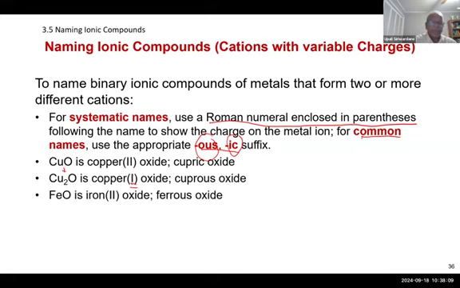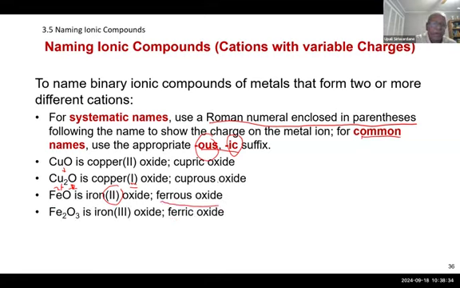Iron oxide, that's the 2 plus here. Therefore, this is 2 plus. How do I know? Oxide is negative 2. Therefore, iron has to be positive 2. So that's iron(II) oxide, or ferrous oxide.